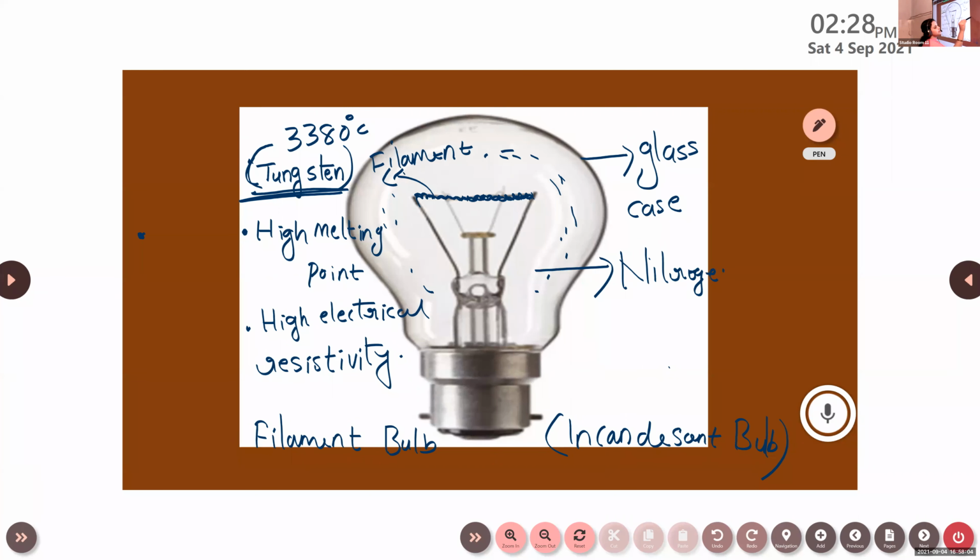The nitrogen and argon are filled inside the glass case in order to enhance the life of the bulb.